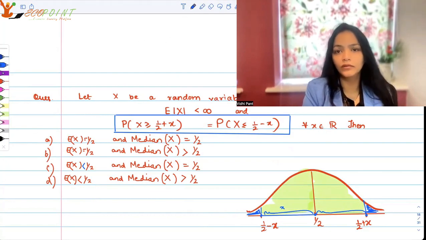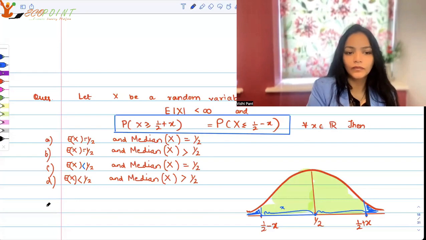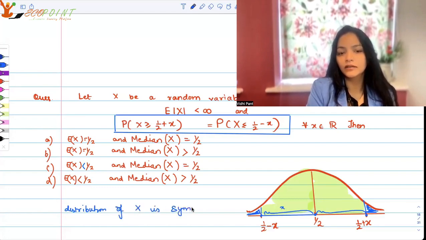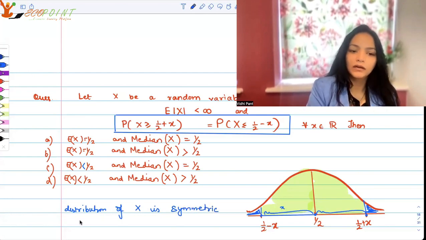So therefore, distribution of x is actually symmetric around half.